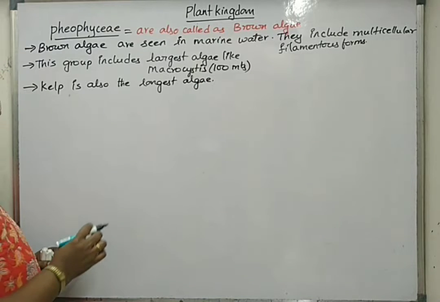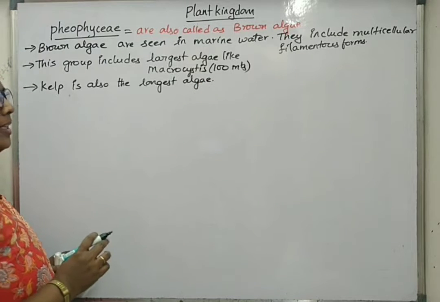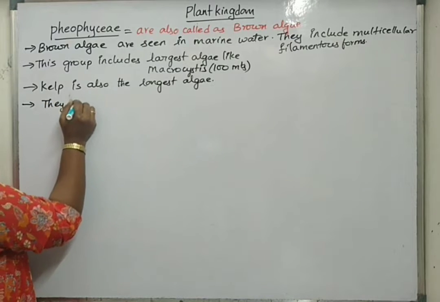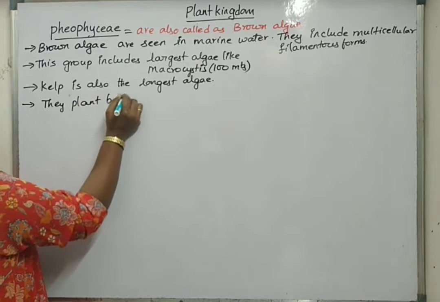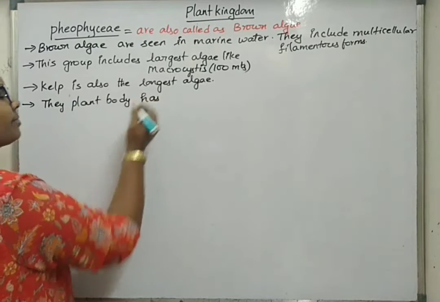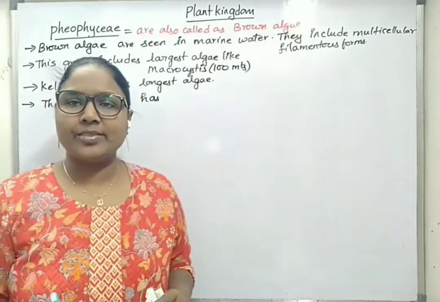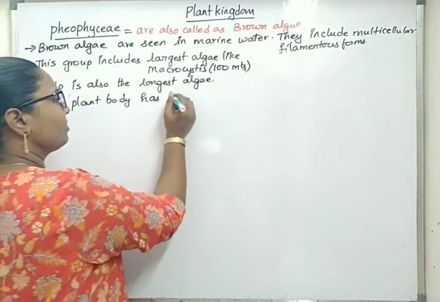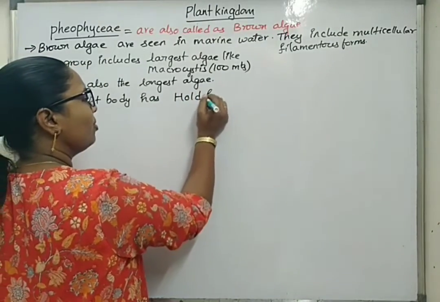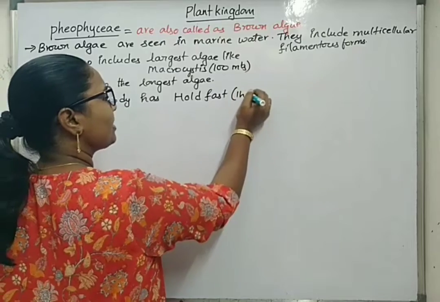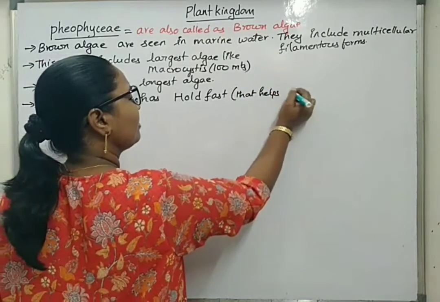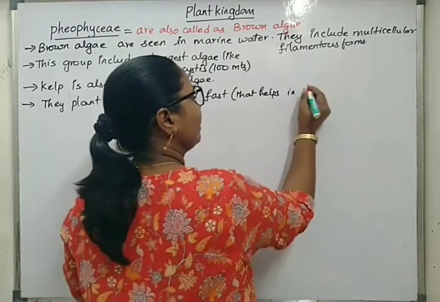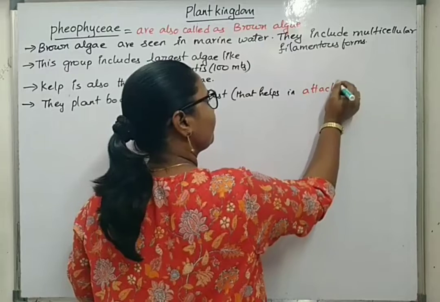The body shape, here these are exhibiting thallophytic body. So their plant body has, at the bottom part, a special structure called as hold fast, which is sticking to the substratum. Hold fast helps in attaching to substratum.